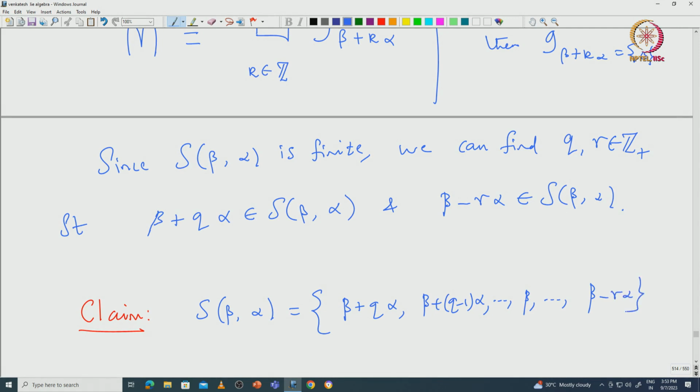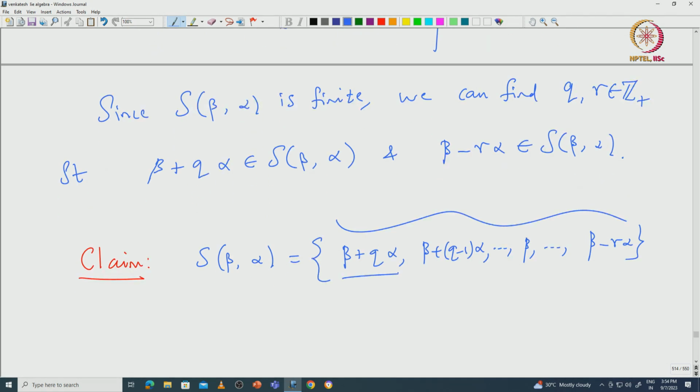So, it will go all the way down from beta plus q alpha to beta minus r alpha. This chain is in some sense unbroken, like the interval from q to minus r. So, let us prove this.